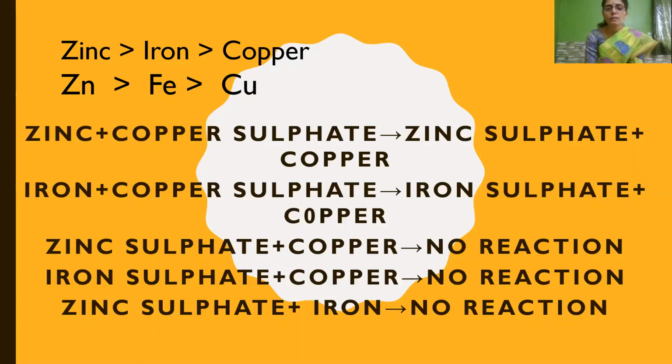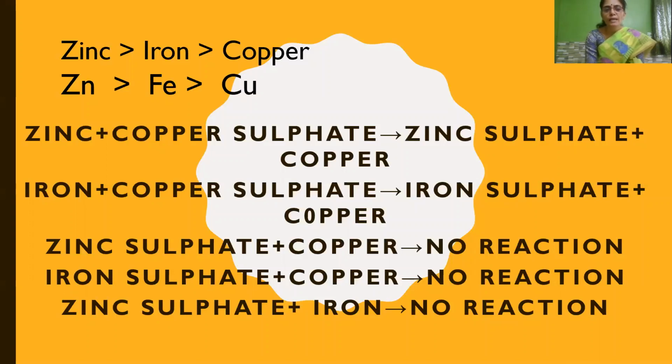Zinc, as we know, is more reactive than copper, so it displaces copper from copper sulfate. So what will be the result? If you remove copper from copper sulfate, zinc will replace it. So zinc plus copper sulfate gives zinc sulfate plus copper.